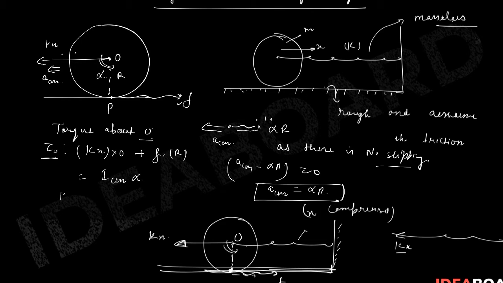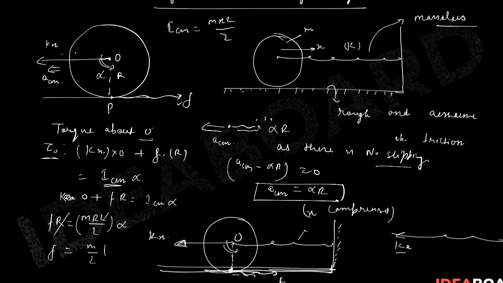So this will be 0 plus F into R, and for the cylinder ICM into alpha, sorry, this is cylinder. So for cylinder ICM will be mr square by 2. This is solid cylinder. So F into R is equal to mr square by 2 into alpha. R is cancelled out, so we get m by 2 alpha into R. Interestingly, we have alpha R is equal to ACM, so we write m by 2 into ACM. So that's how we get another relation between F and MACM.